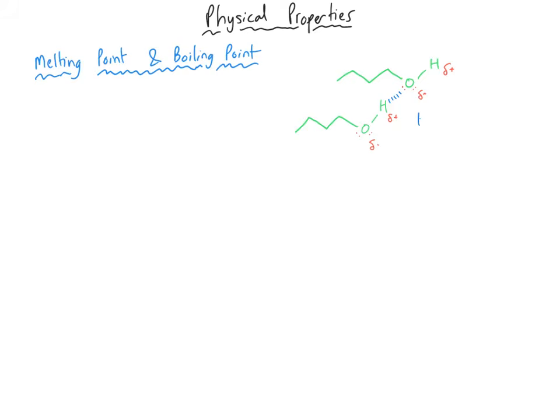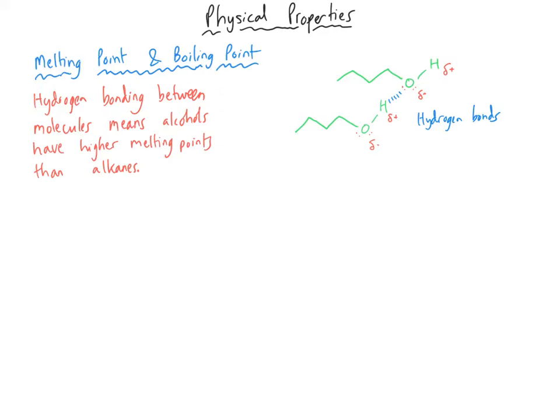What this means is we get hydrogen bonds forming between neighbouring alcohols, which means that they have higher melting points than you might expect for a similar length alkane. And so butan-1-ol that I've drawn here would have a higher melting point than butane.